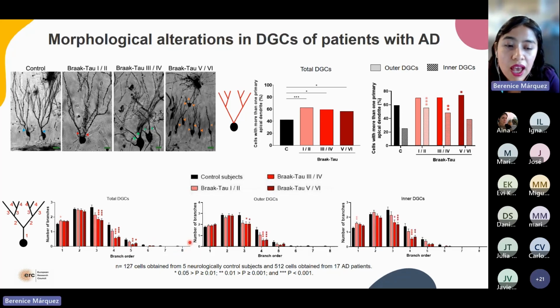In the case of outer dentate granule cells, the reduction in the number of cells with dendrites in the distal branches was observed only at intermediate and later stages. And in the case of the inner dentate granule cells, an increased number of proximal branches was observed at early stages, and then a decreased number of dendrites in distal branches at intermediate and later stages was observed.